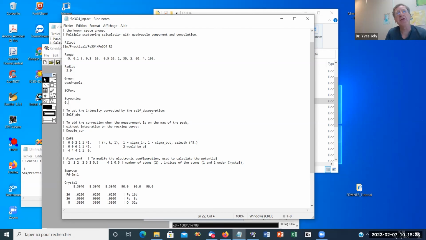I also have to mention that for the L23 edge, even for heavy elements, maybe it's not a good idea in the code, but by default, calculations are done in the ground state.